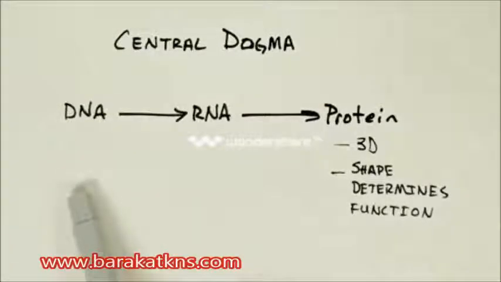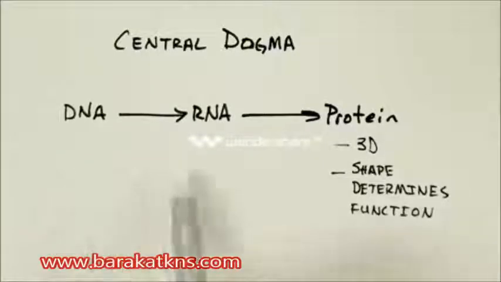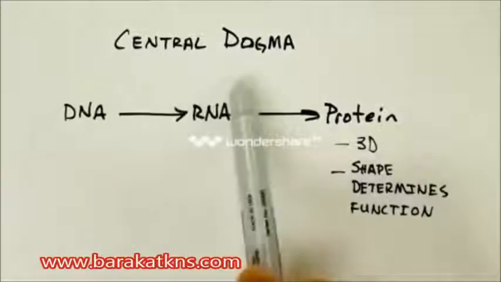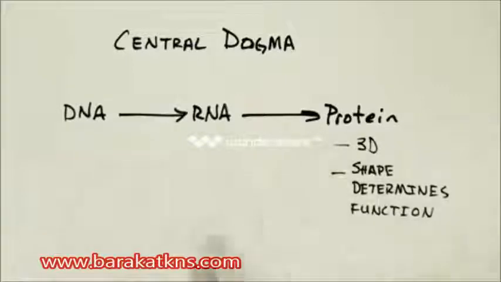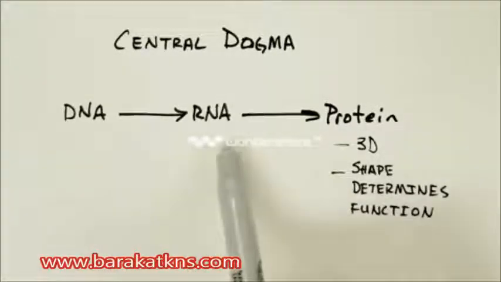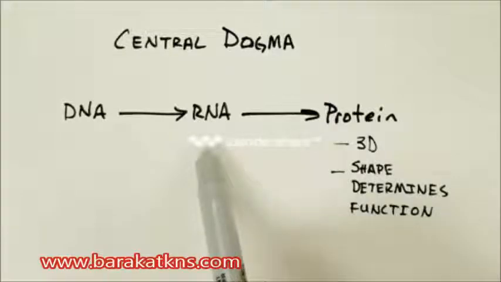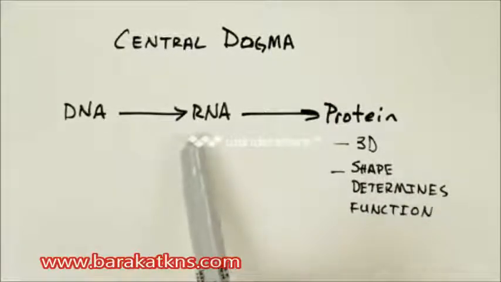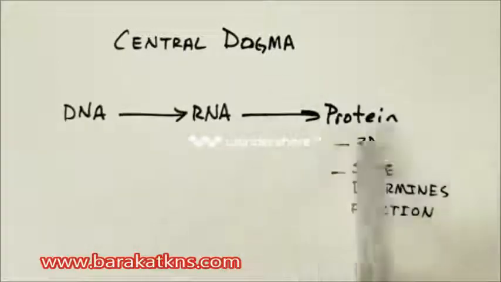Another important concept to help you understand how these viruses work is the idea of the central dogma of biology. Essentially, the central dogma is the idea that DNA, or what we call a nucleic acid, or deoxyribonucleic acid, is used as a template for the production of an intermediate that we call RNA, or ribonucleic acid, and ultimately that is then utilized as a template to create proteins.